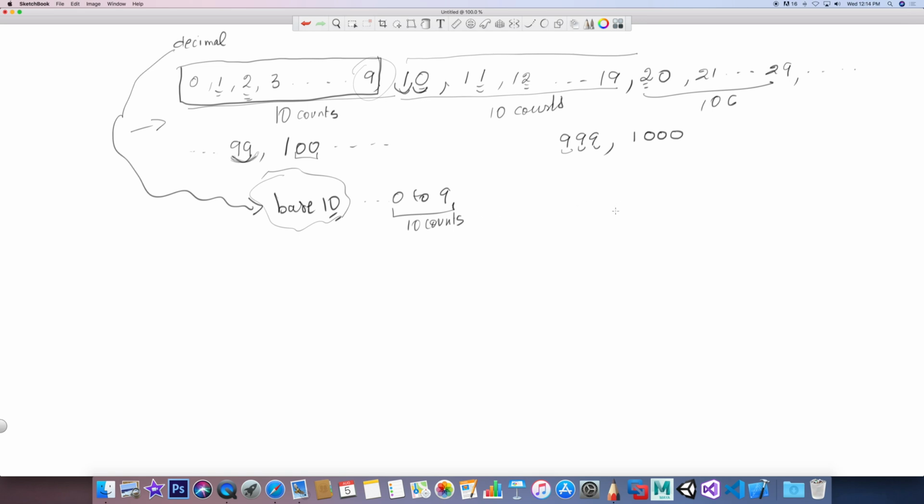Specifically in our domain, we would like to know about base 2, which we refer to as binary. We also would like to know base 16, which we define as hexadecimal, or hex for short. And base 8, which we call octal.